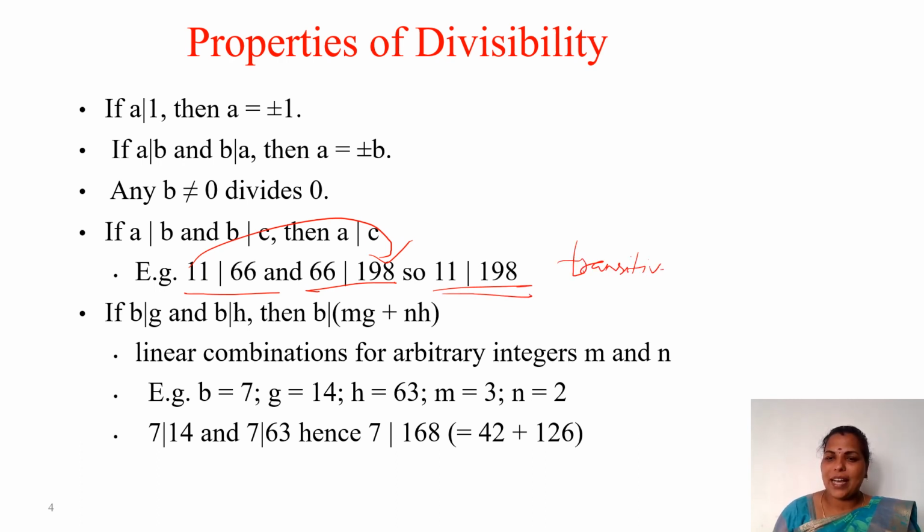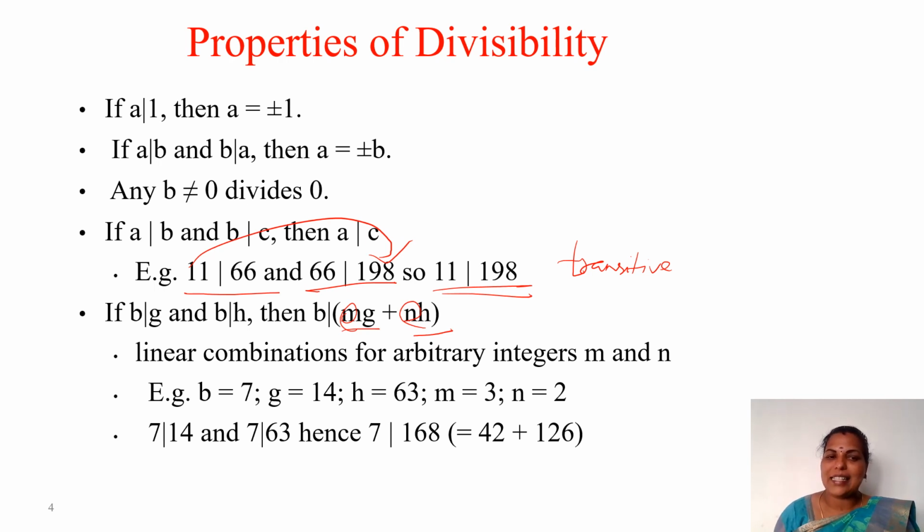You have already studied this in maths, in discrete structures and so on. It is the transitive property. If B divides G and B divides H, then B divides MG plus NH. Some coefficients or constants are involved, so these are linear combinations for arbitrary integers M and N. Example: B equal to 7, G equal to 14, H equal to 63, M equal to 3 and N equal to 2.